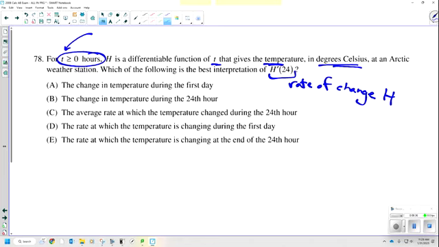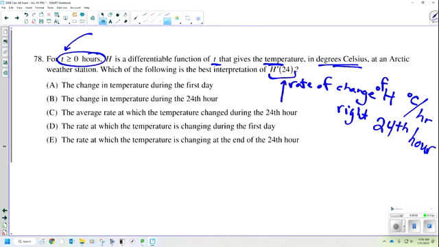And that's a change in temperature in Celsius, so it's in degrees Celsius per hour. So h prime of 24 is the rate of change of h, which is in degrees Celsius per hour, right at the 24th hour. I want the rate of change specifically at 24.